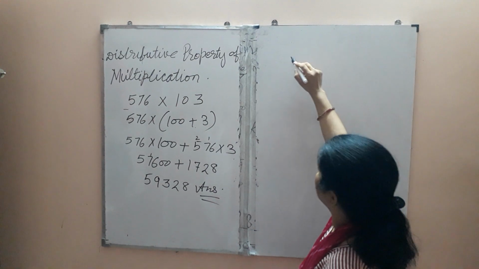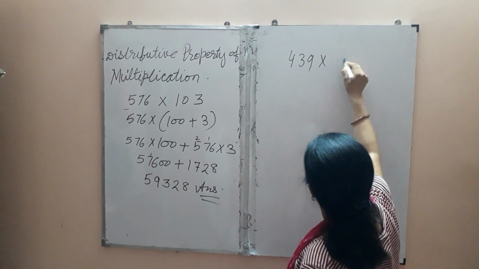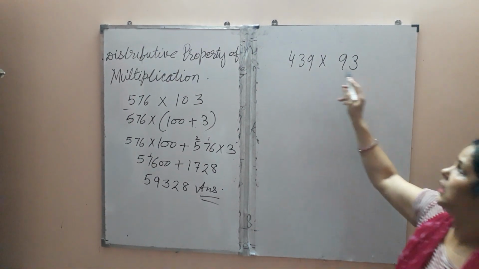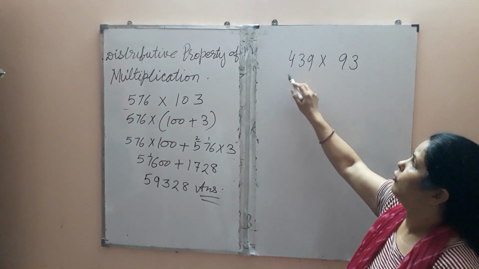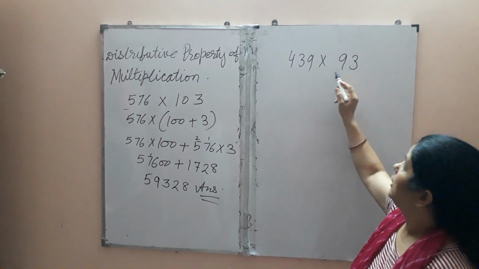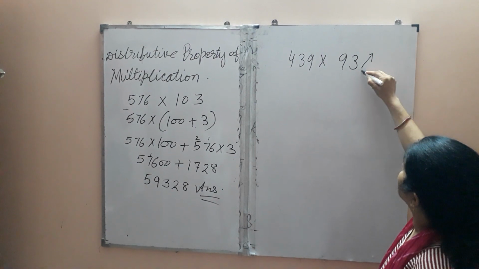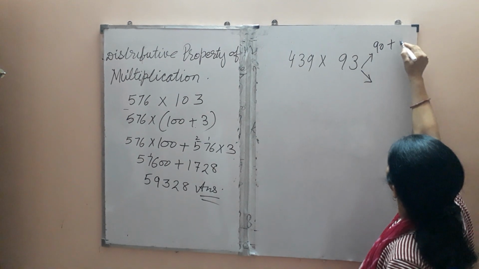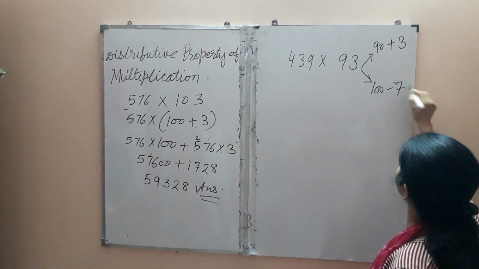Now one more example we will take. 439 multiplied by 93. In this also we can distribute this one and this one. If we distribute this, then it will be 400 plus 30 plus 9. But if we distribute this, then we can distribute it in two ways, either 90 plus 3 or 100 minus 7.